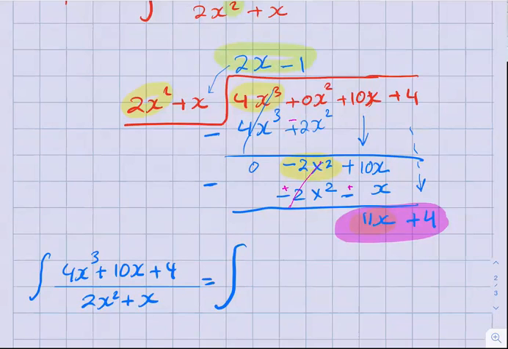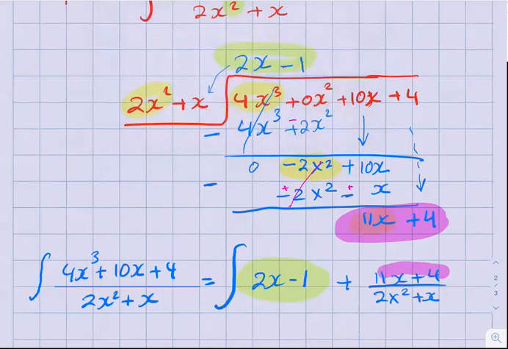So this is going to be your answer, which is 2x minus 1, which is the quotient basically, plus the pink bit, which is 11x plus 4 over the 2x squared plus x. I'll put this in pinky. This is the remainder. Yeah, and the lovely dx at the end.